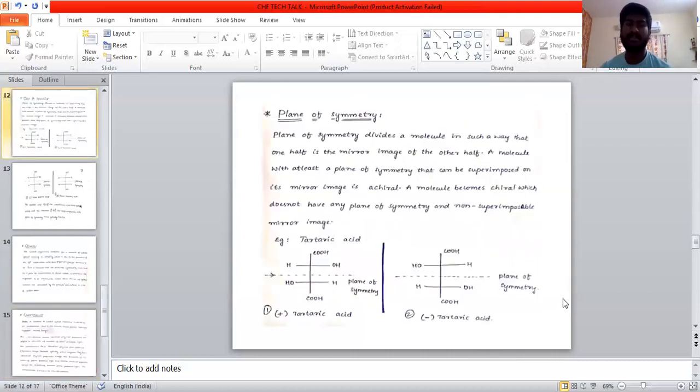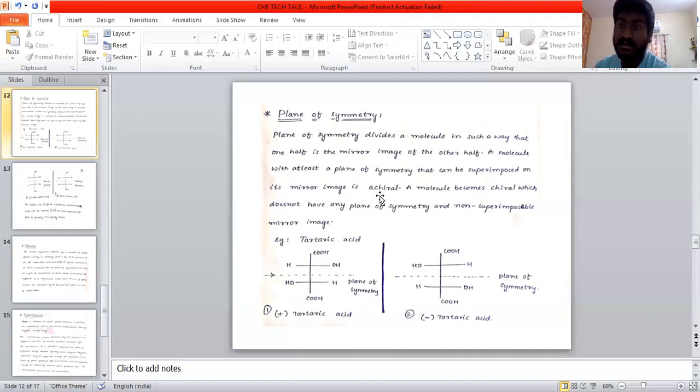Next is the plane of symmetry. The plane of symmetry divides a molecule in such a way that one half is the mirror image of the other half. When you take a square, if you cut it in the middle, the two halves are the same. That is what a plane of symmetry is. A molecule with at least a plane of symmetry can be superimposed on its mirror image.